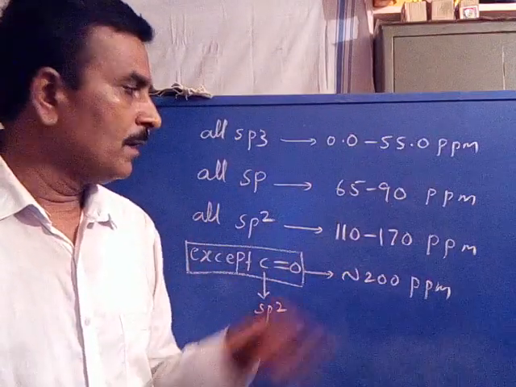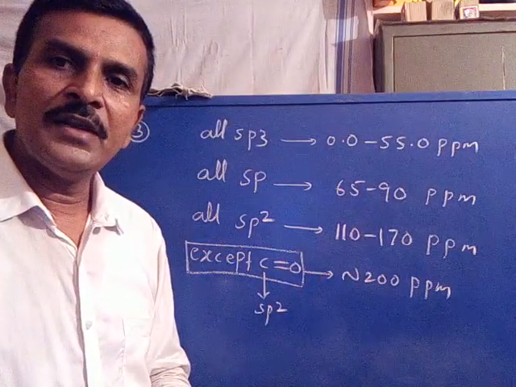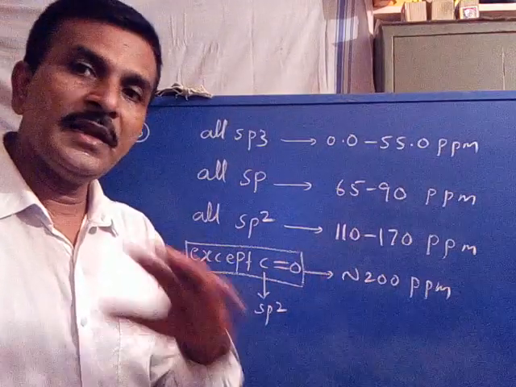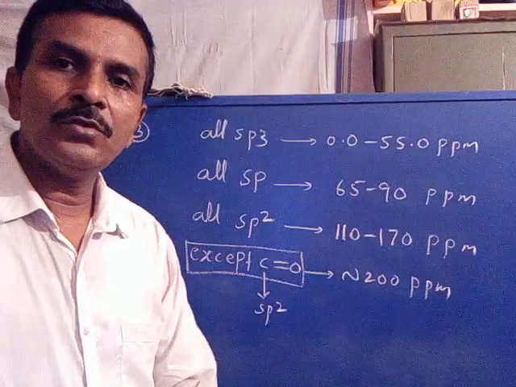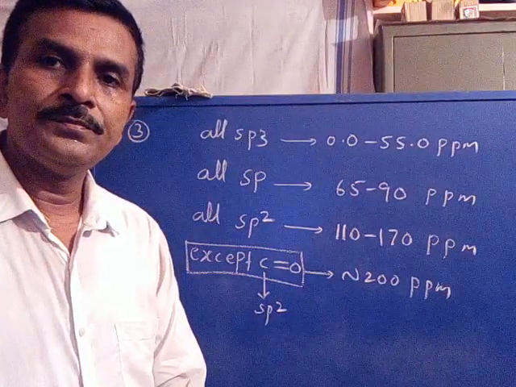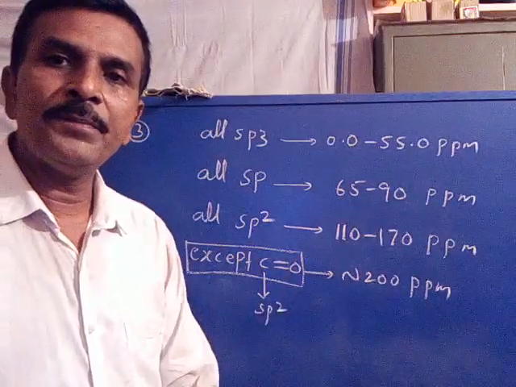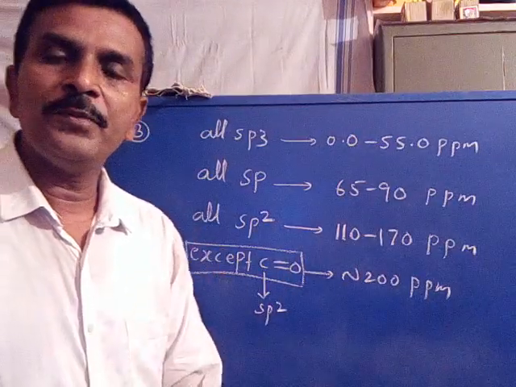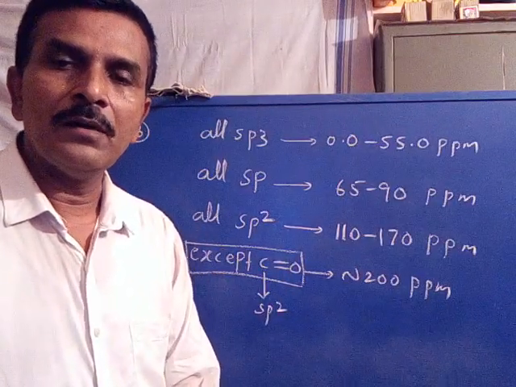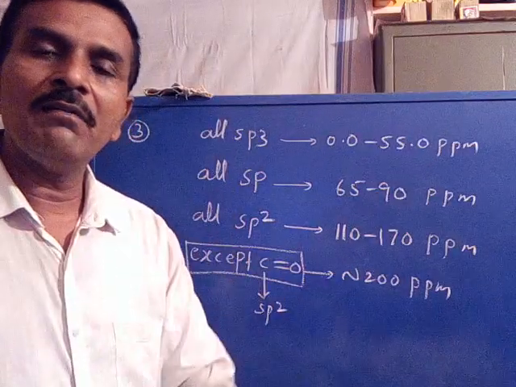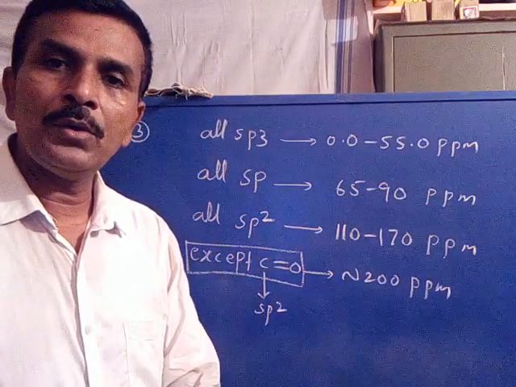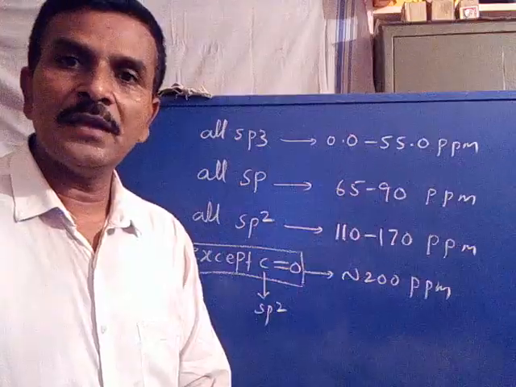In the range of 110 to 170, if there are 3 signals, they indicate 3 sp2 hybridized carbons. Suppose we see a signal near 200 ppm, it indicates an sp2 carbonyl carbon. So based on the delta value, we can also identify hybridization.